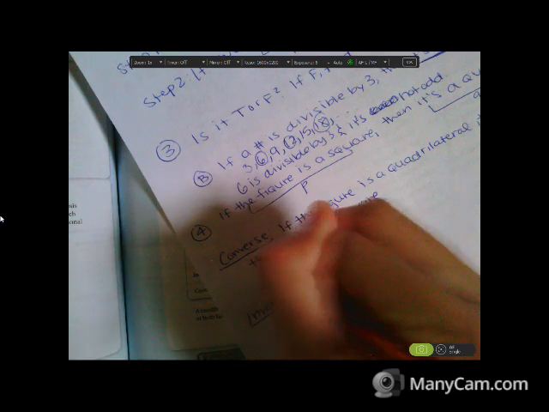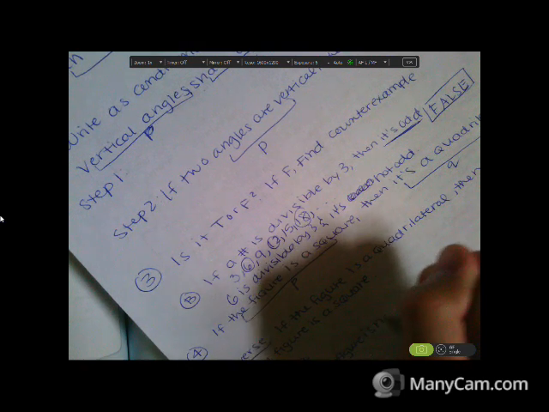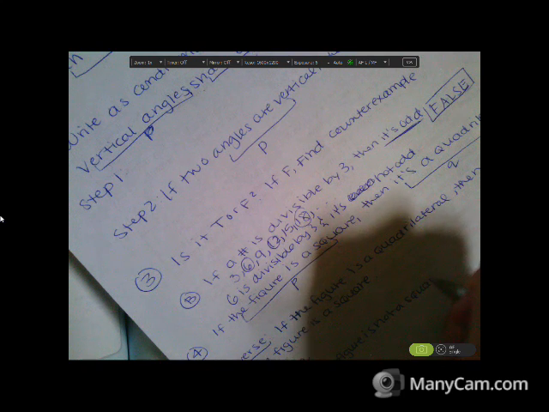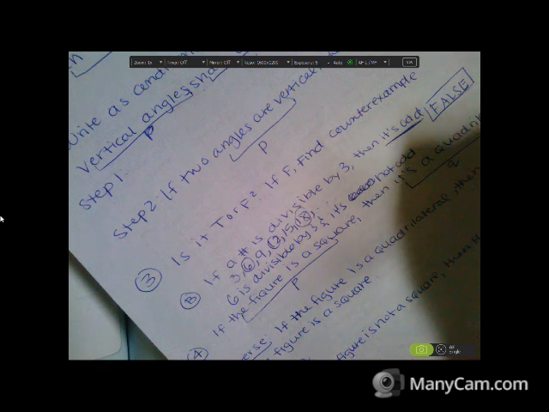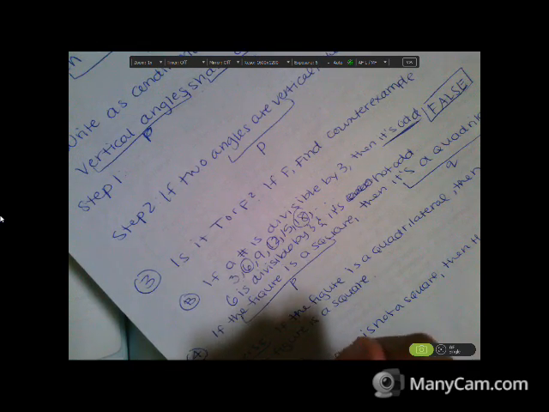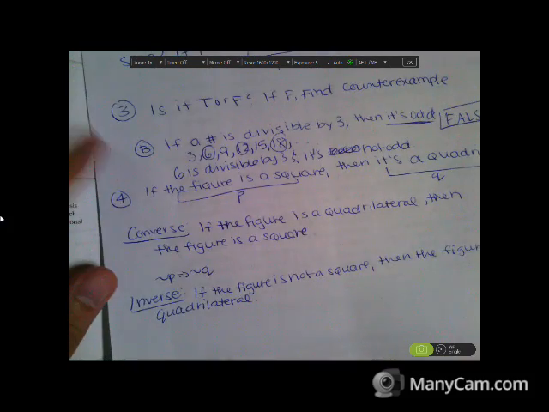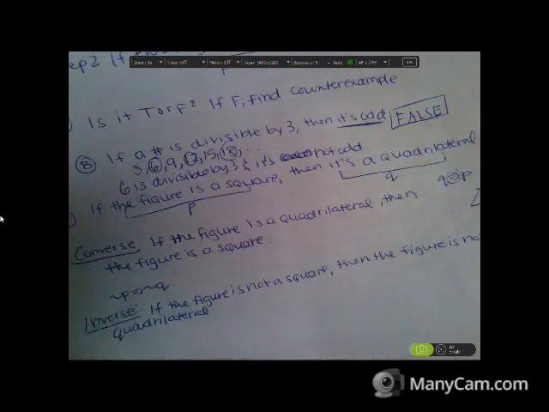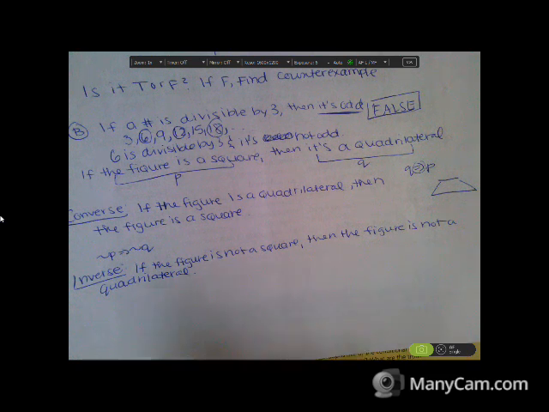Alright, so now the inverse. The inverse is not P, then not Q. So therefore, if the figure is not a square, then the figure is not a quadrilateral.